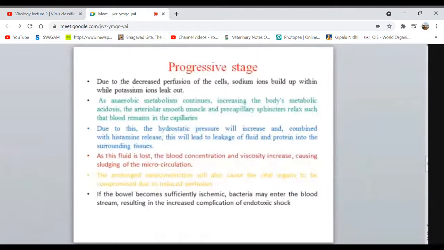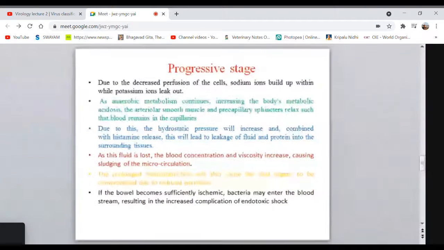So coming to the progressive stage of the shock.